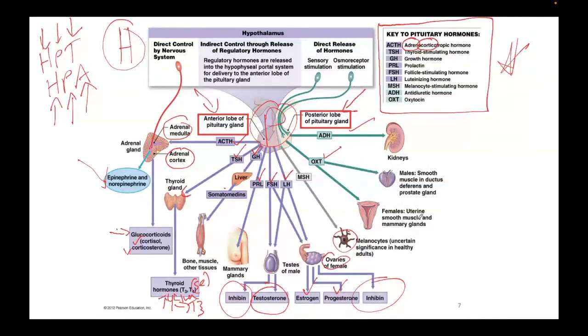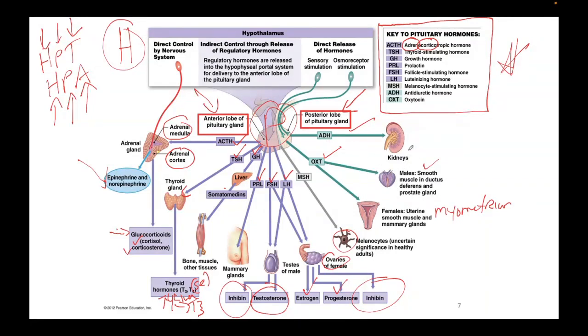Oxytocin will affect the smooth muscle of the uterus. This is when the woman feels contractions or cramps during the time of month because it's affecting the myometrium, the muscle. Oxytocin can affect the smooth muscle around the vas deferens or the ductus deferens in the male during ejaculation.